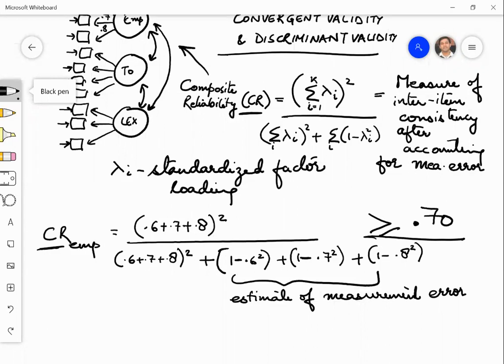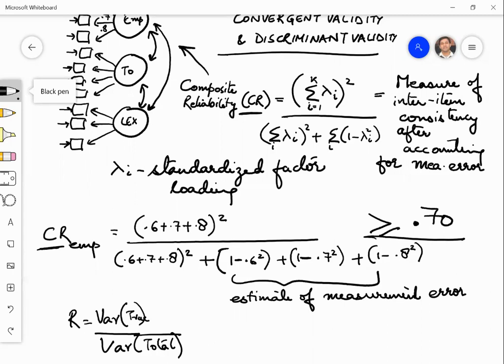which would mean that, again, reliability is the variance of the true divided by the variance of the observed, right? So that means at least 70% of the variance in the items can be attributed to the true construct EMP.